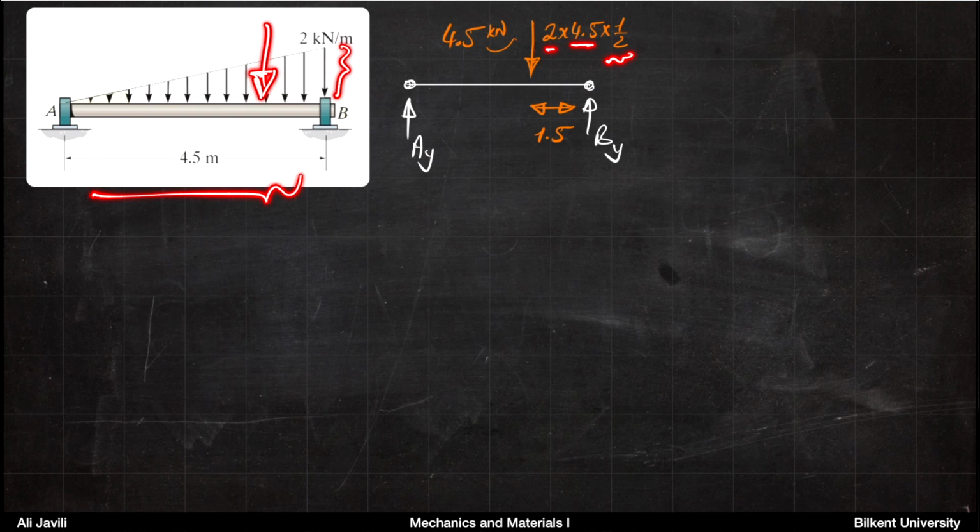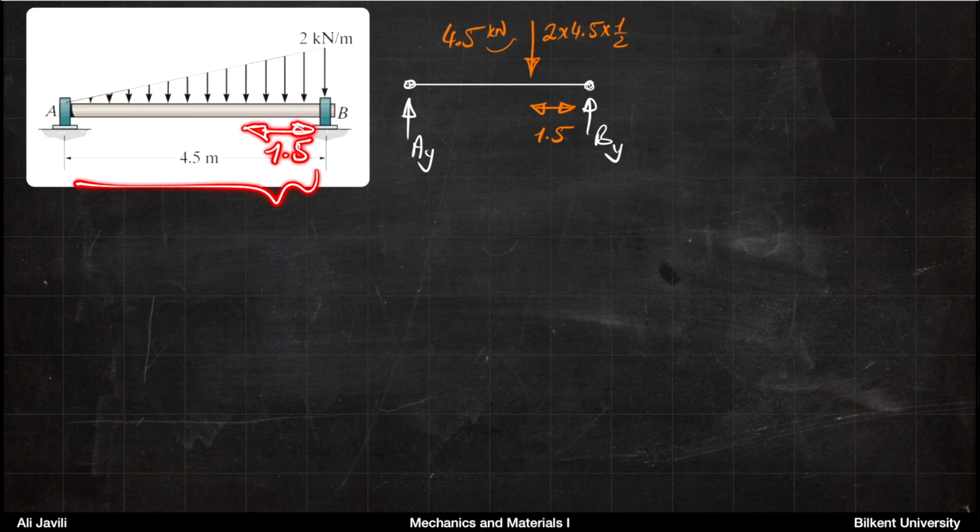So that's the area of the triangle, which would be 4.5 kilonewton. And the distance would be 1/3 of the length, which is 1.5 meter. So you have the equivalent force, 4.5 kilonewton at a distance 1.5 meter.